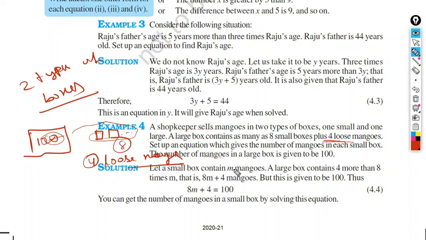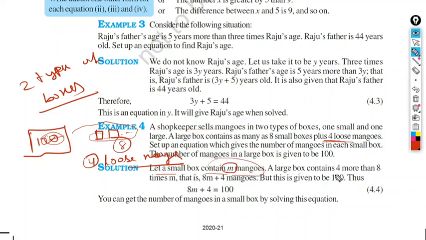We will assume something. How many mangoes will a small box contain? We don't know, so we can assume it is x or y or z or m. Suppose we have assumed that m mangoes can be contained in a small box.